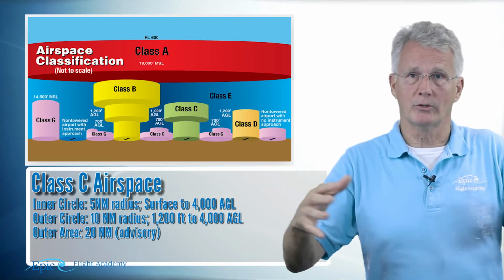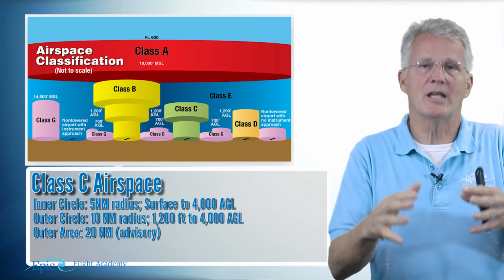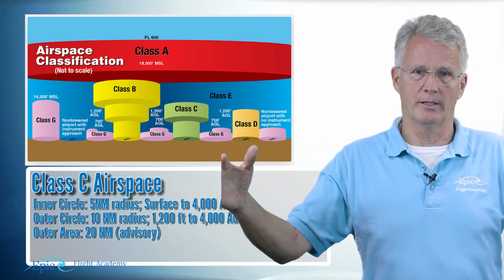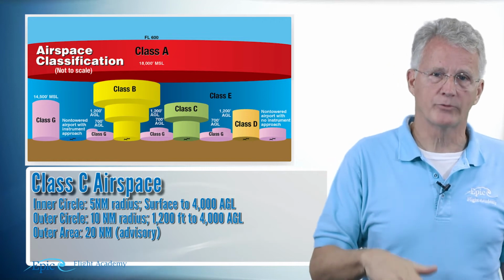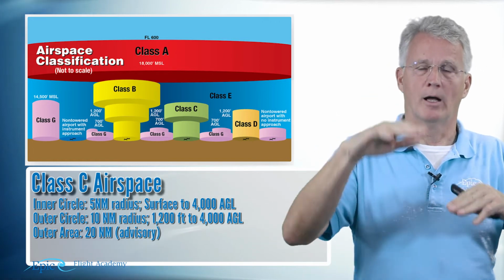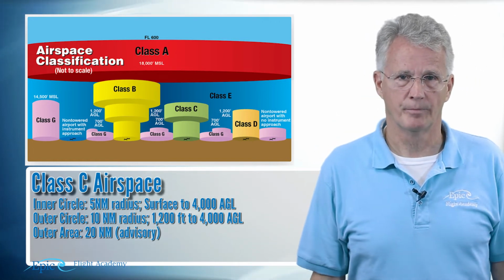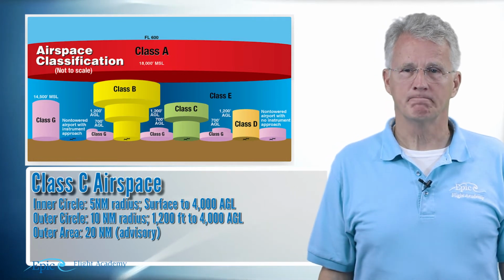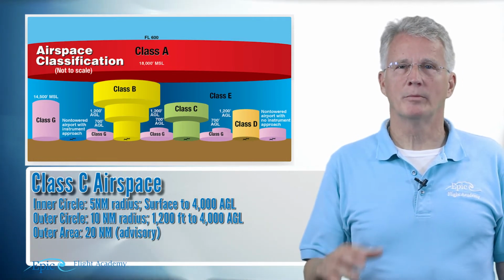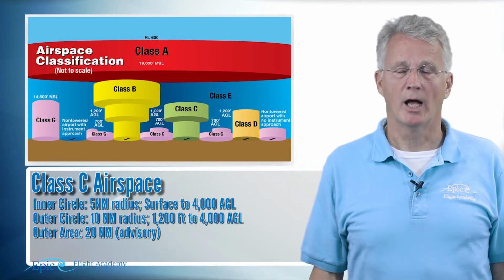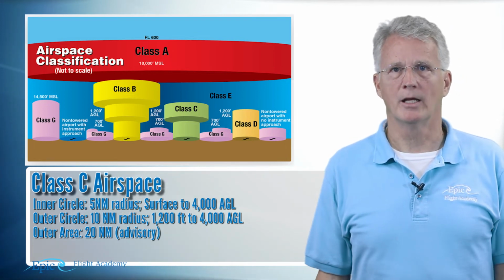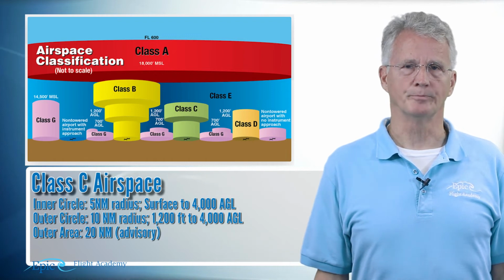The outer circle, that's my tuna fish can, has a 10 nautical mile radius and goes from 1,200 feet up to 4,000 feet. Okay? So you want to be able to find some of this Class C airspace on your sectional chart, and again, review this with your flight instructor.